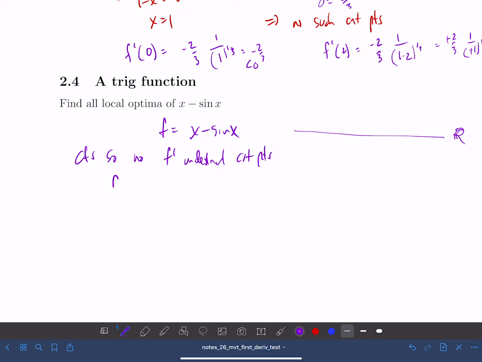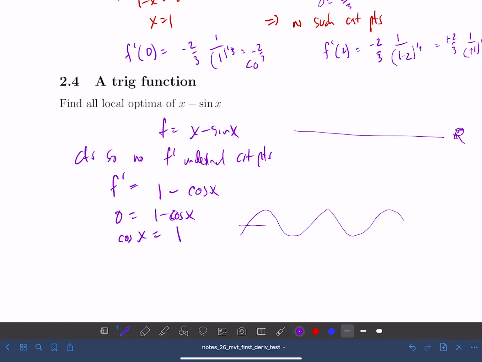Cool. So now I just need f prime equals 1 minus cosine of x. I'll say 0 equals 1 minus cosine of x in order to solve. So that's where cosine of x equals 1.